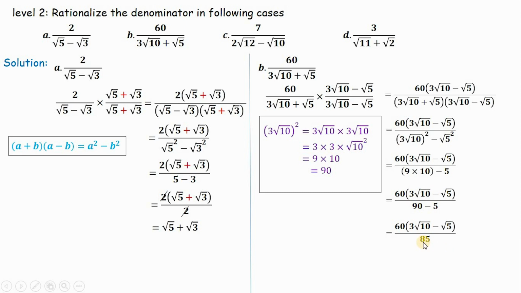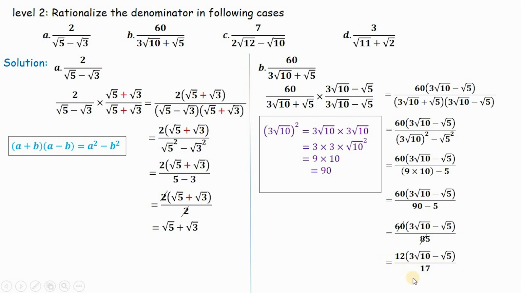Since 60 and 85 have a common factor 5, we'll divide both 60 and 85 by 5. So you'll get 5 into 12 is 60, and we'll write all the numbers in the bracket here, and 5 into 17 is 85. Now here we cannot reduce it further, therefore this is our required answer.